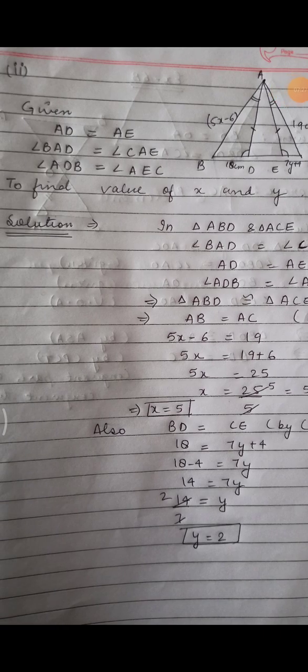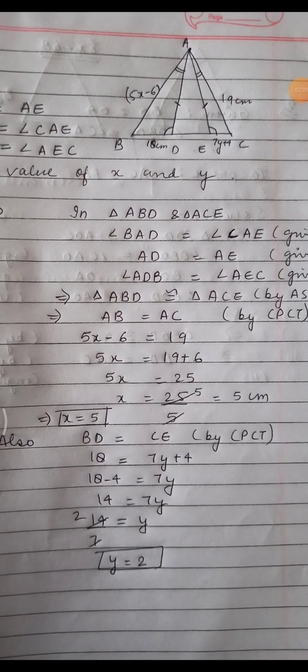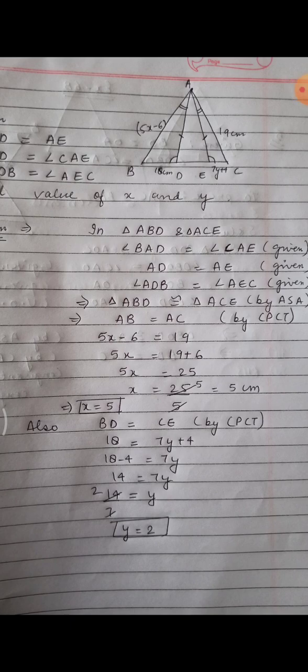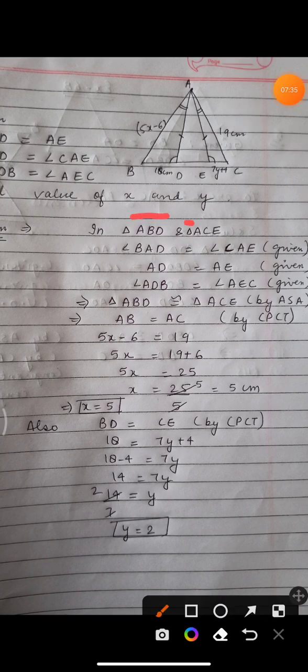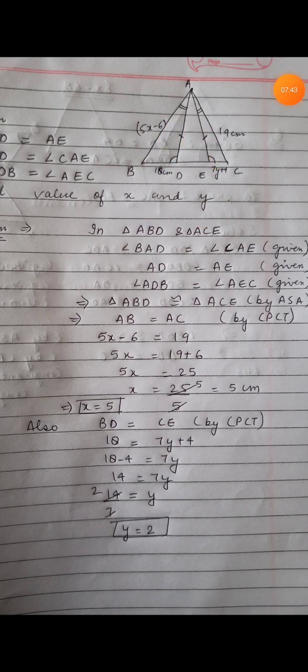So here we have started the solution. You can look at it carefully. We have taken triangle ABD and triangle ACE. This is triangle ABD and this is triangle ACE. Let's see whether three elements are equal in them or not.